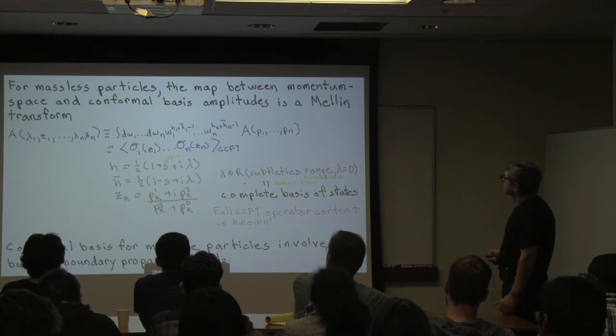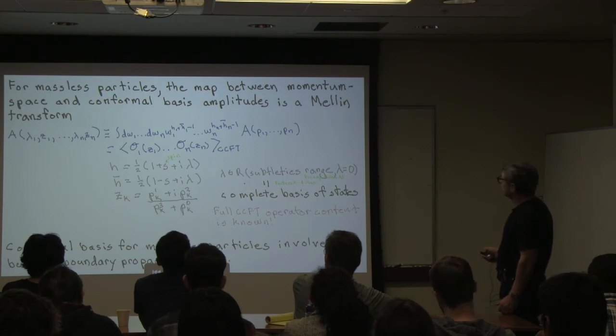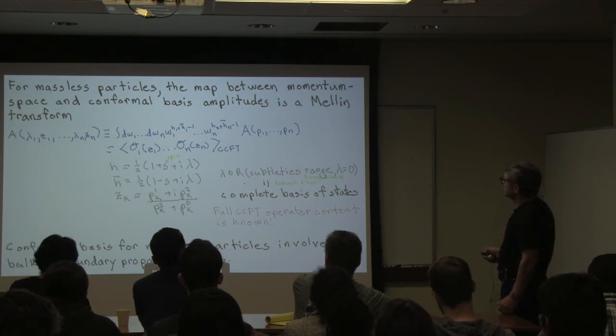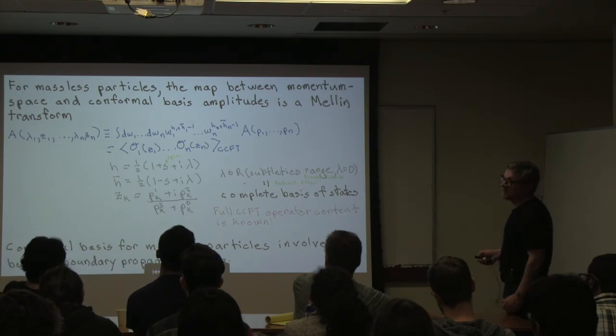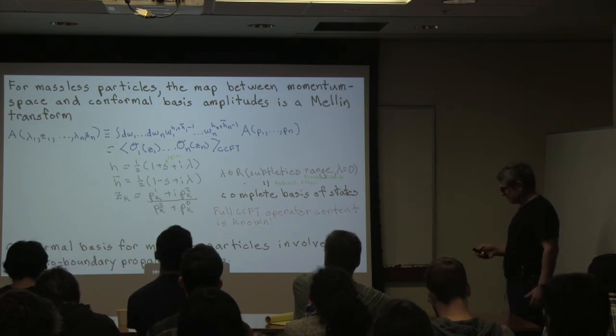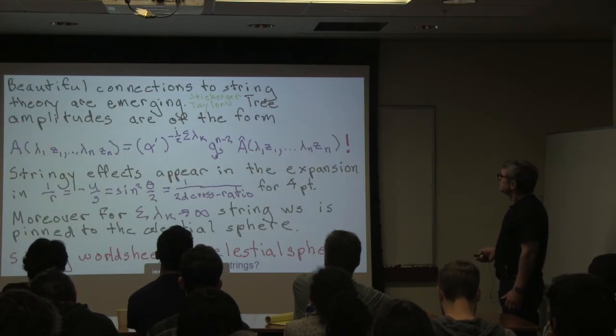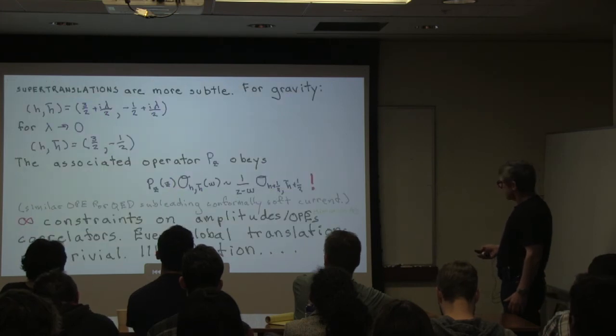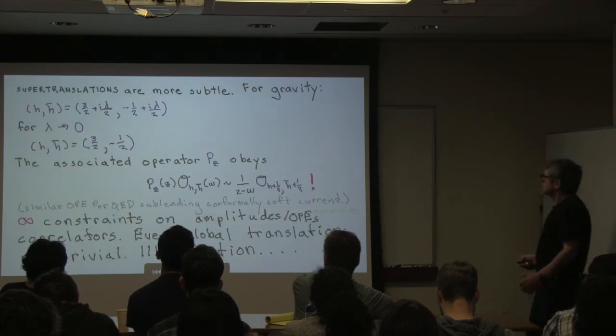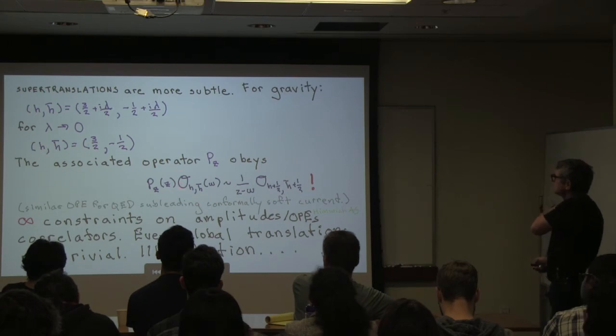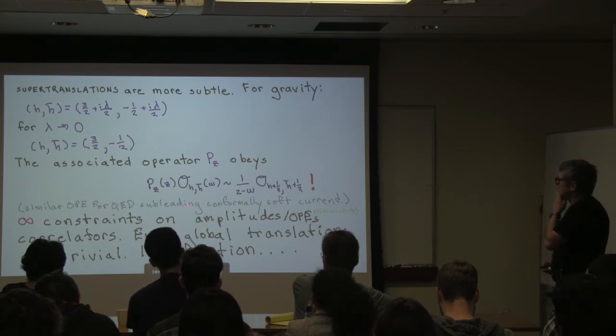If we act on this with, say, a time translation, we put another factor of omega in, and that's equivalent to shifting h. So now we have a Ward identity in which we're shifting the dimension of the operator.